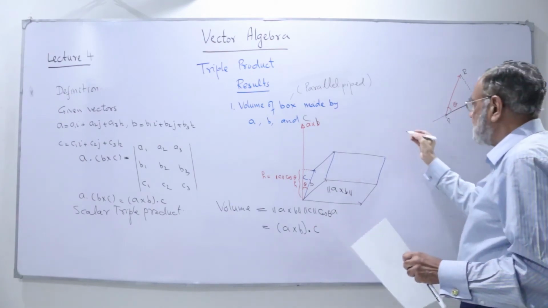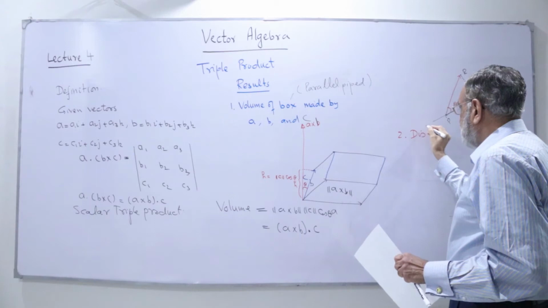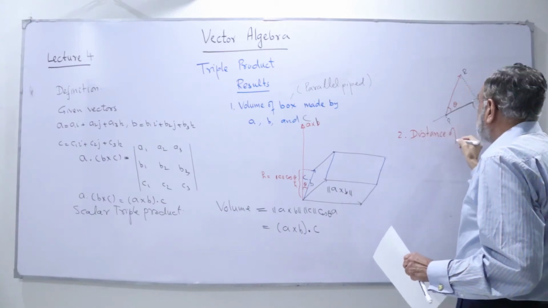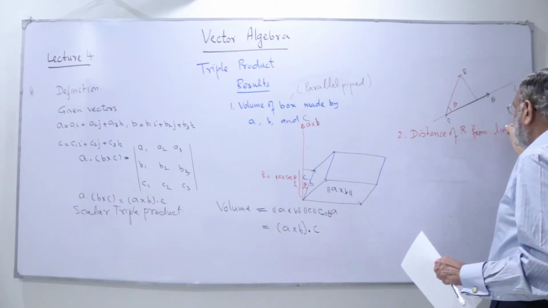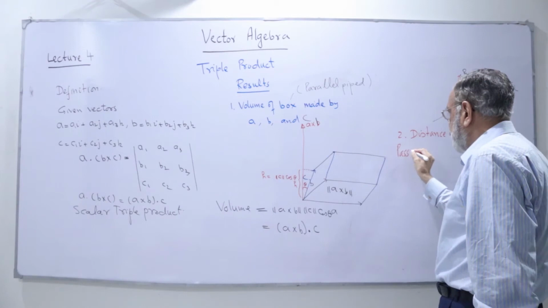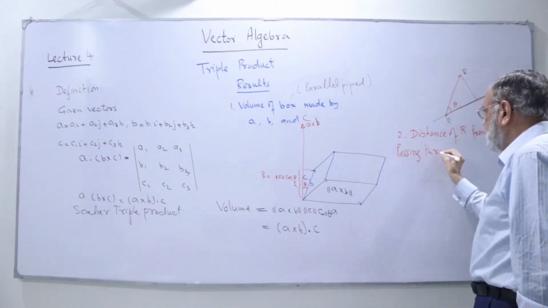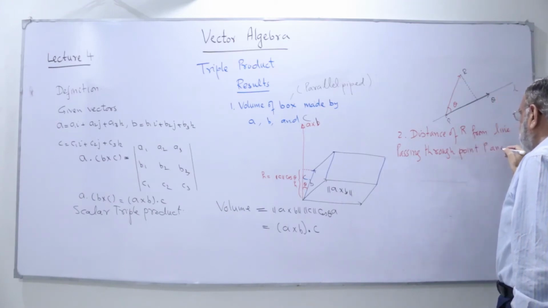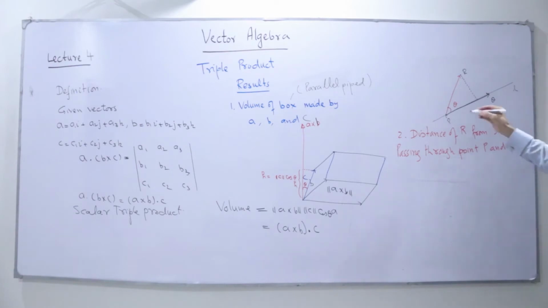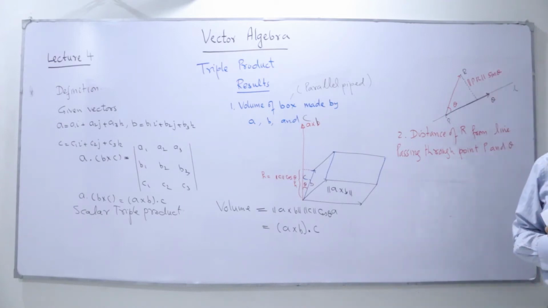So to find this number, the distance of point R from the line passing through points P and Q. Now I have two vectors, this vector PR and vector PQ. Along theta is cosine theta, opposite to theta is sine theta.